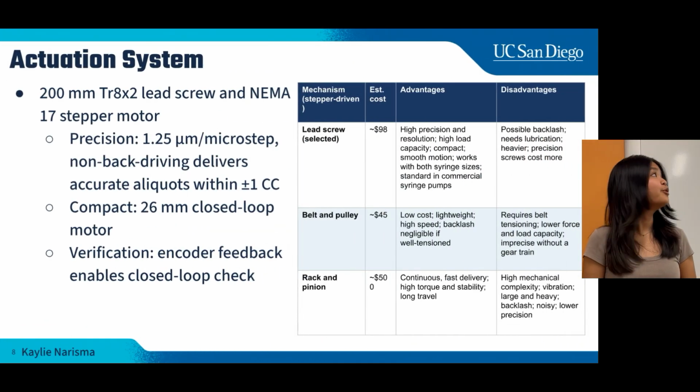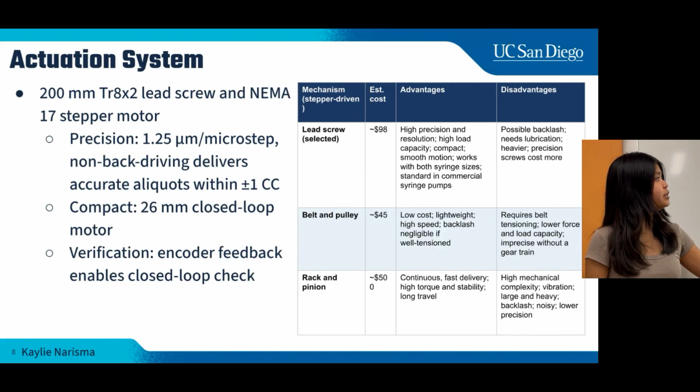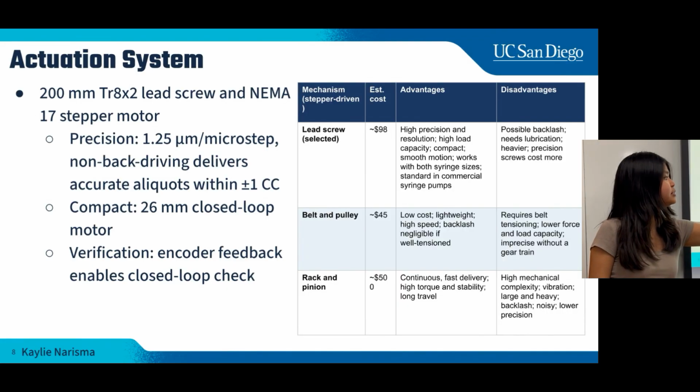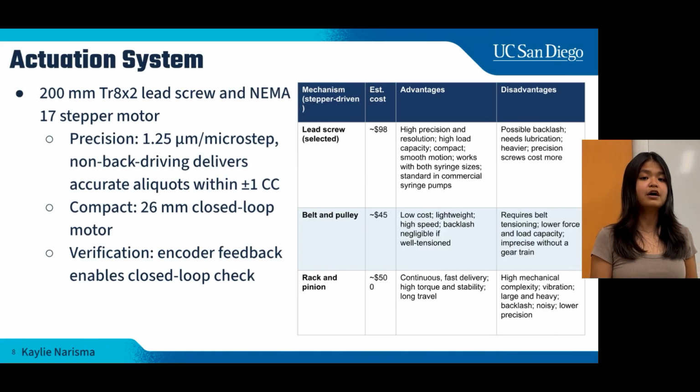Following our control system, we have our actuation system, which was compared amongst 3 different mechanisms that convert rotary motion into linear motion. So here we have our lead screw, belt and pulley, rack and pinion. They were all evaluated amongst cost and their pros and cons.